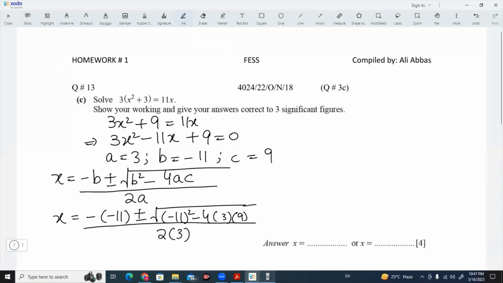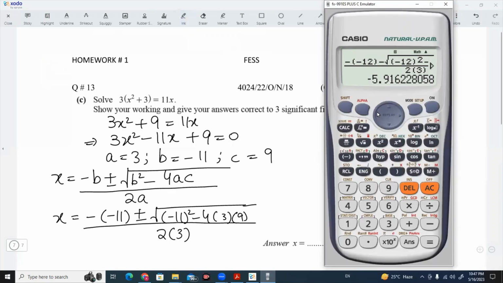So putting these values inside the calculator, the value of A is again 3, so no need to change it, but the value of C is positive 9, so changing this value here. What about A? A is 3, and again the value of B is changed. We have to write minus 11 here, minus 11 squared.